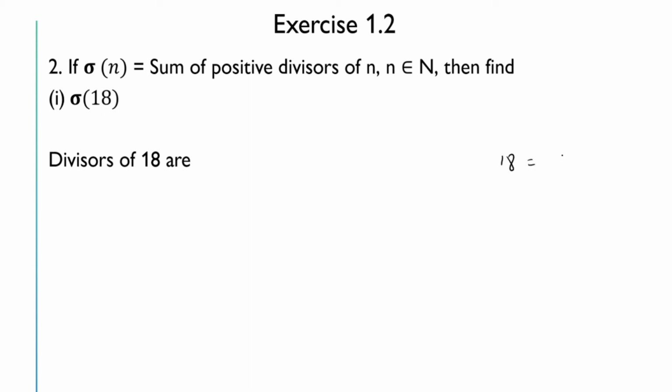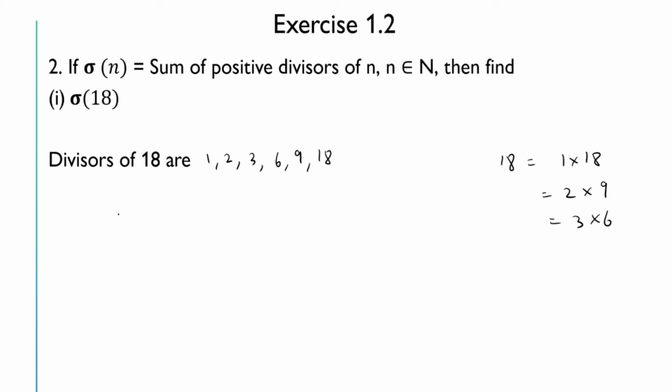18 we can write as 1 into 18, 2 into 9, 3 into 6. So the divisors of 18 are 1, 2, 3, 6, 9 and 18.